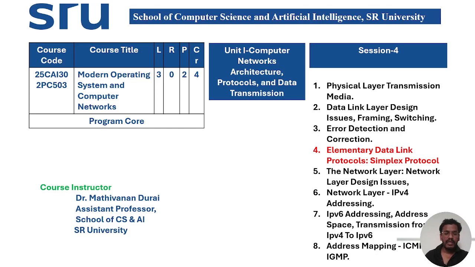Elementary data link protocols are the most basic and fundamental communication rules for the data link layer, which help with data management, flow control and error control between directly connected nodes. While sending data from sender to receiver, we maintain the data as well as flow control and error control between the two nodes.